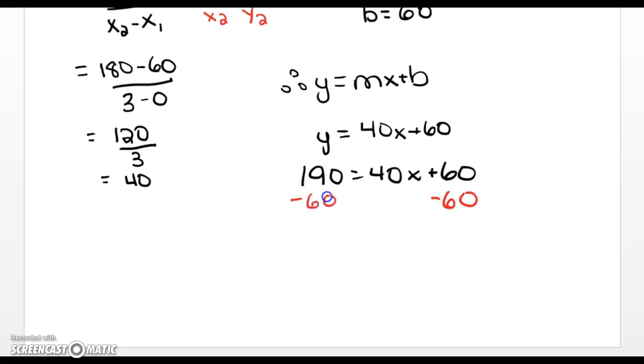What I do to one side, I have to do to the other to make sure it stays equivalent. So 190 minus 60 will give me 130. That is equal to, on our right side, just 40x, because 60 minus 60 makes 0. Here we have 40 multiplying with x. To get rid of multiplying, you're going to divide by 40 on each side.